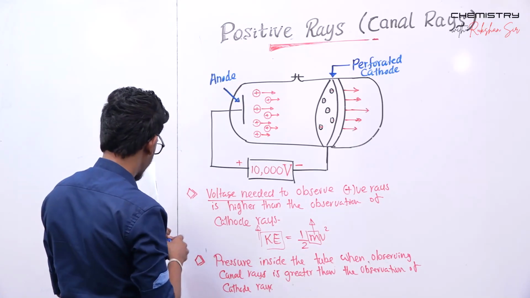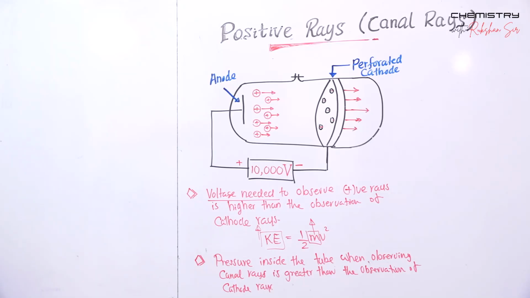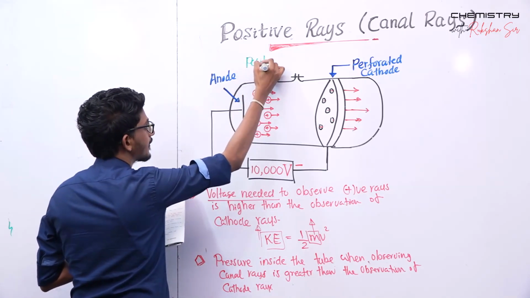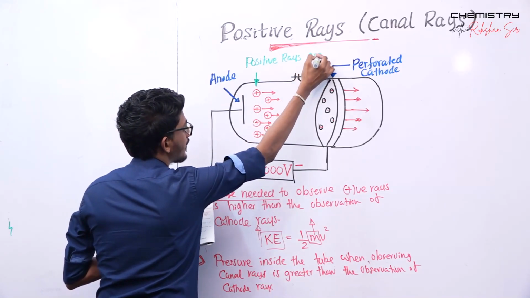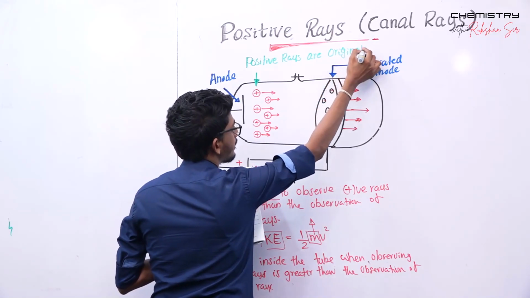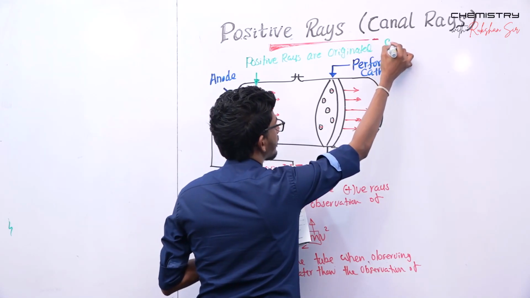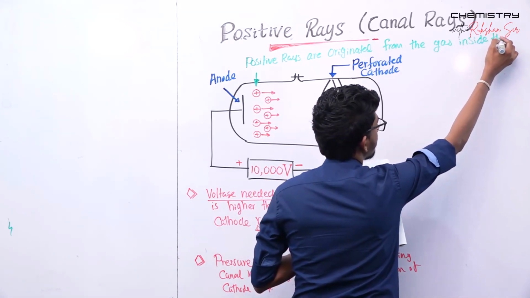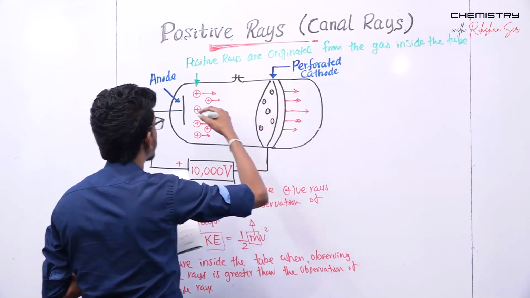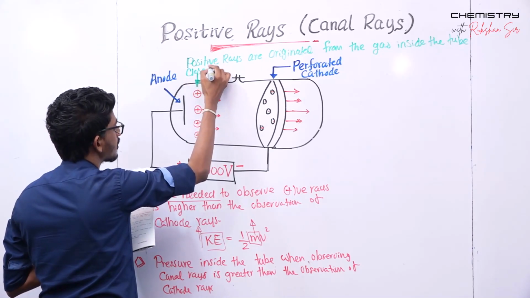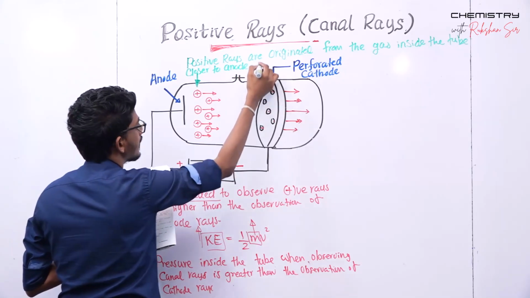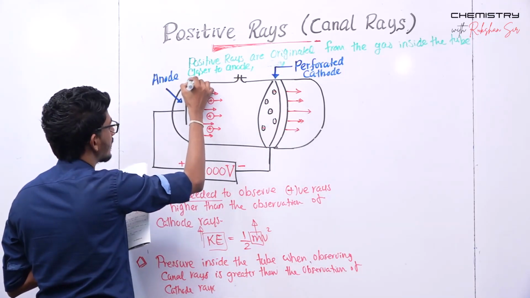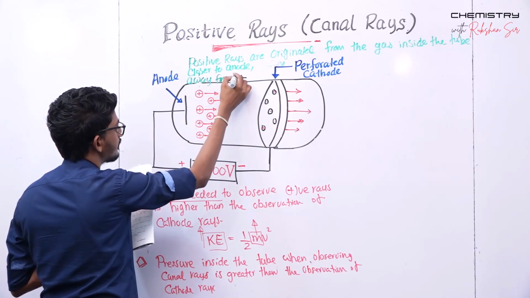Actually, the positive rays are originated from the gas inside the tube, but actually it is closer to the anode, away from the cathode.